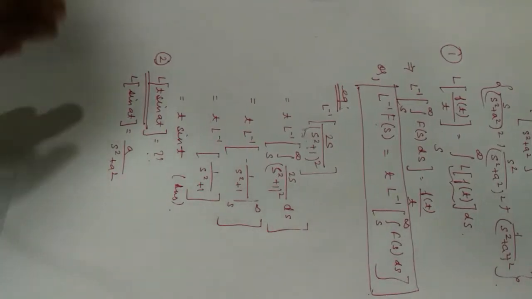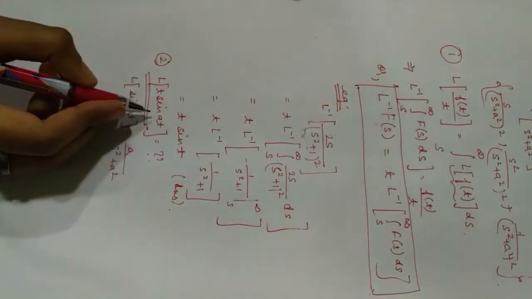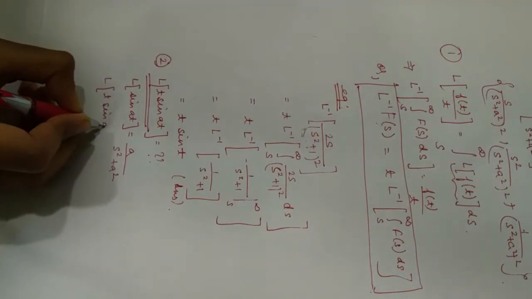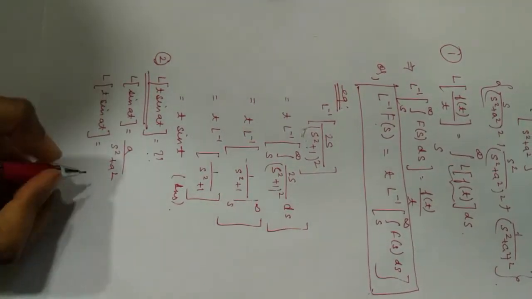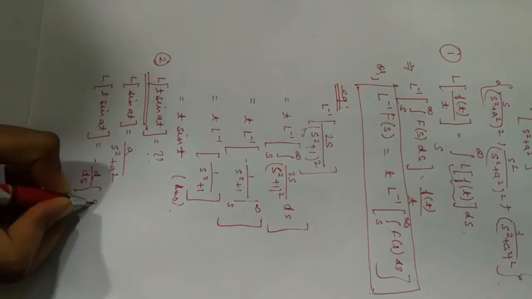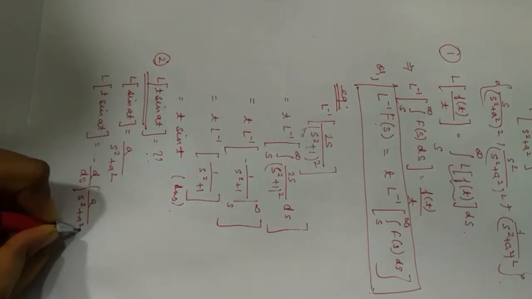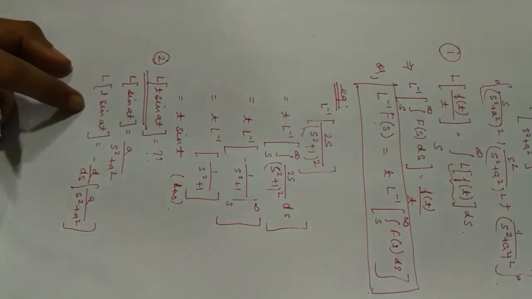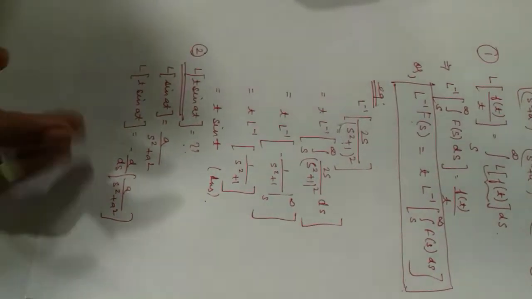This is known to us. Now we want to find the Laplace transform of t sine at. It is nothing but minus d/ds of a divided by s square plus a square, because Laplace transform of t f(t) is equal to minus d/ds F(s), right?